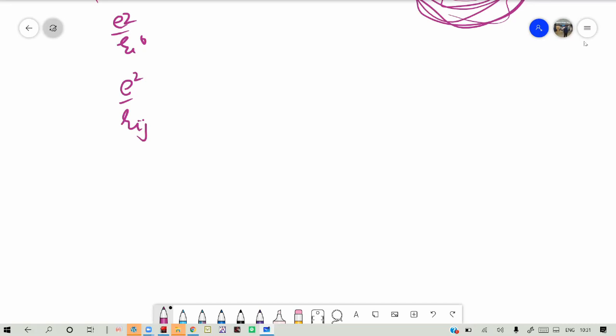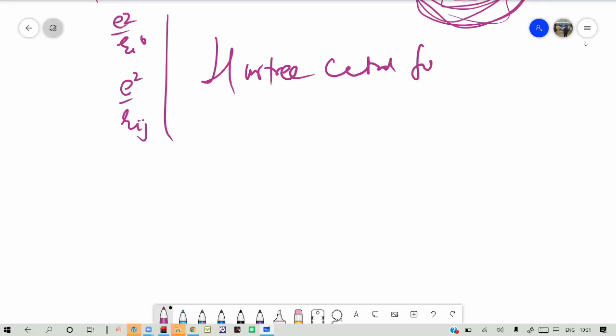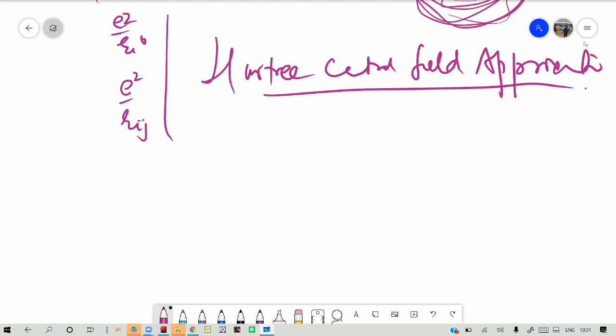This is the statement of the central field approximation, also called the Hartree central field approximation, and it has a huge number of practical applications.